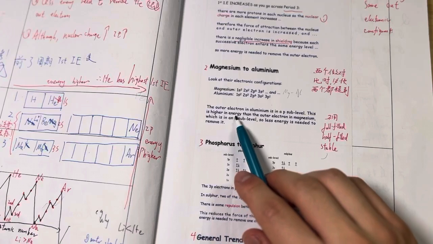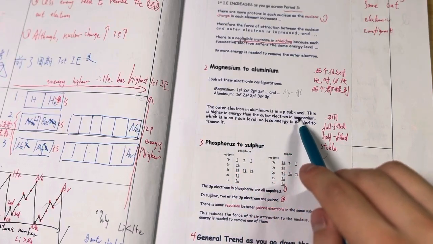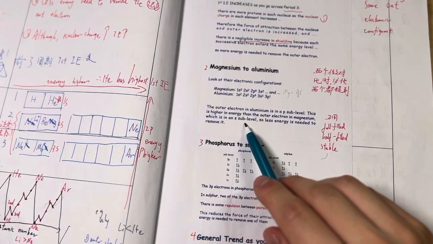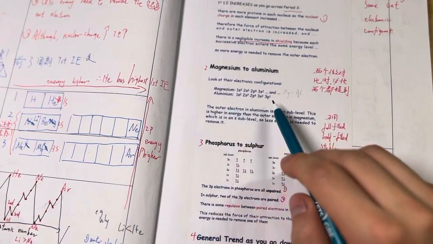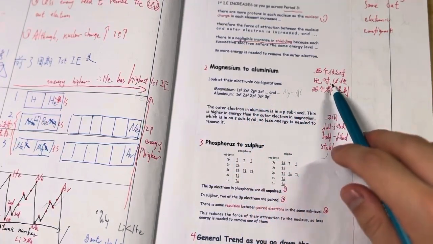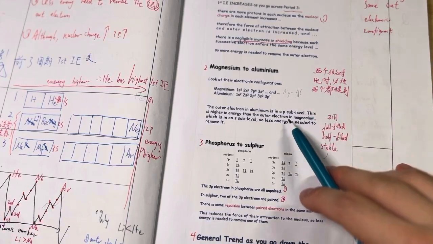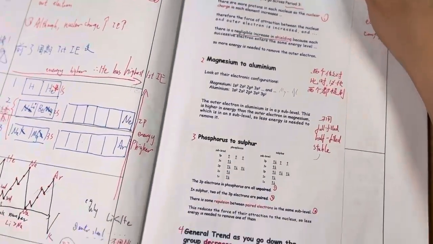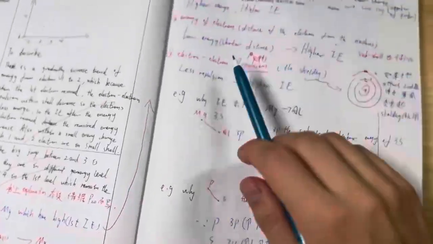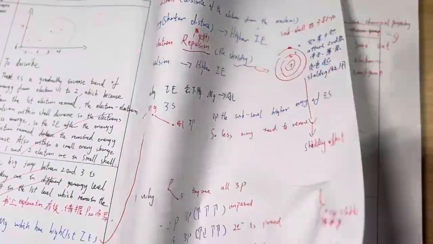This is higher in energy than the outer electron in magnesium, which is in an s sublevel. So the s sublevel goes with magnesium and the p with aluminium. We have to mention both atoms, so less energy is needed to remove it. Remember, shorter distance means higher energy.